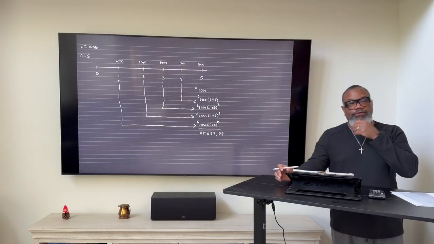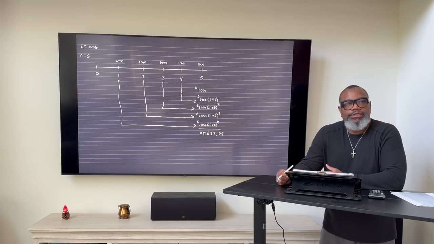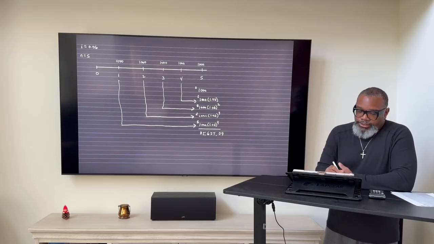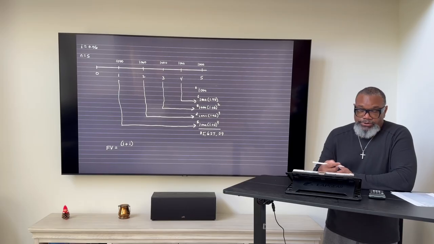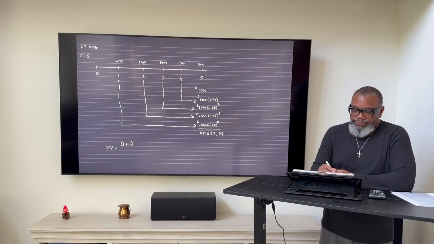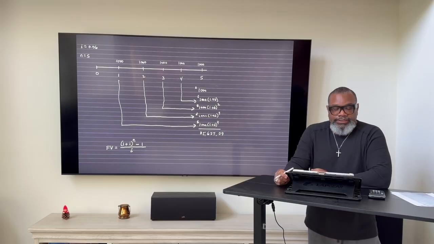Now, the other way of doing it is to use the formula that you would use to compute the future value of an ordinary immediate annuity. And that formula is, future value is going to be equal to 1 plus i, that's the periodic effective interest rate, and in this case it's the annual rate because these payments are being received annually, raised to the n, that's the number of payments you have, and you want to subtract 1 from that. Then you're going to divide all that by the periodic effective interest rate.